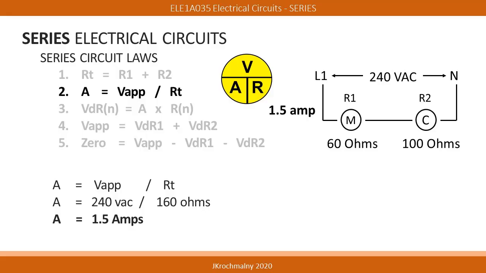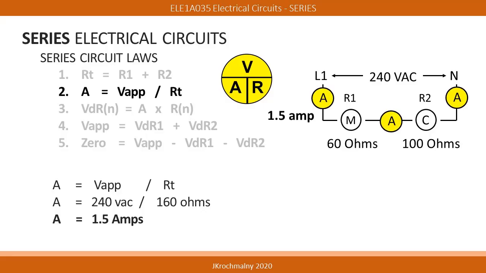Now that we have a total series circuit resistance of 160 ohms, we can use Ohm's law to determine the circuit amperage using the second law of series circuits. 240 volts of applied voltage divided by the circuit's total resistance of 160 ohms gives us an amperage value of 1.5 amps.